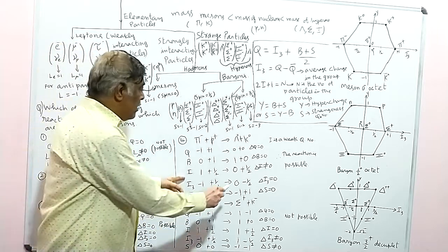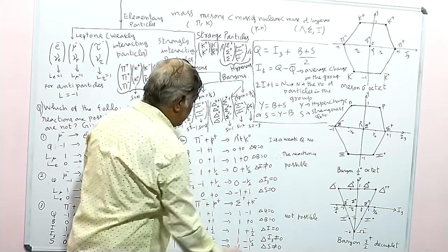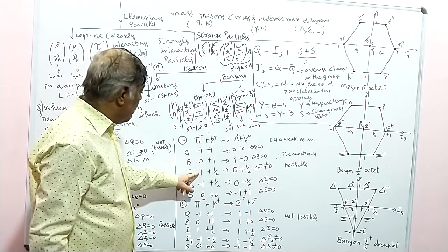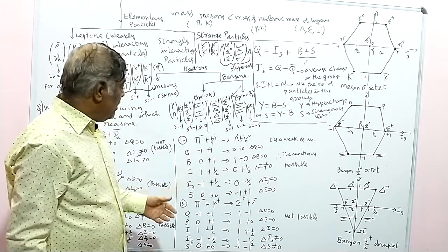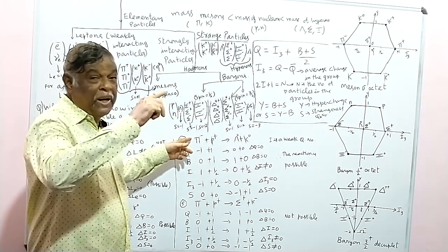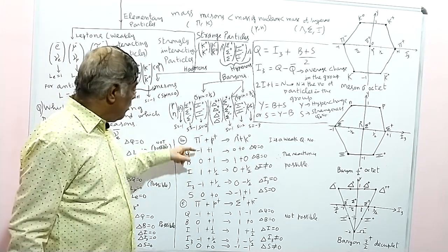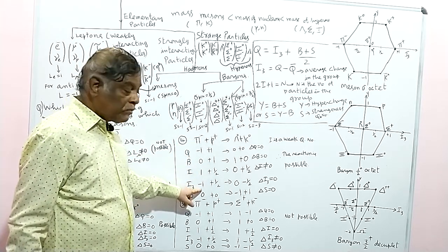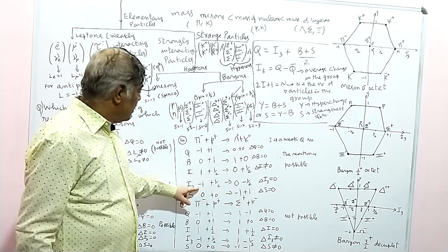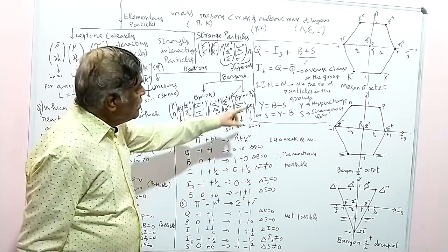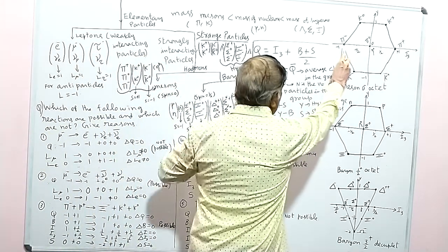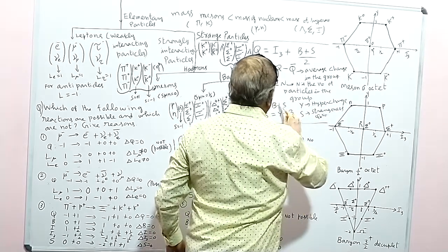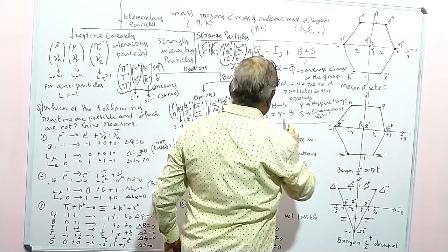Now here delta I is not equal to 0. Whereas if we take I3, if I is equal to 1, we have three values. Pi plus is plus 1, pi 0 has I3 as 0, for pi minus it is minus 1. This can also be found from this diagram. The y value is minus 1, baryon number is 0, so minus 1 minus 0 is minus 1.